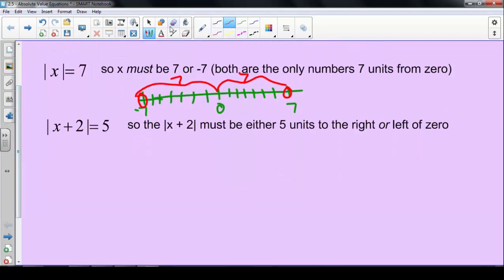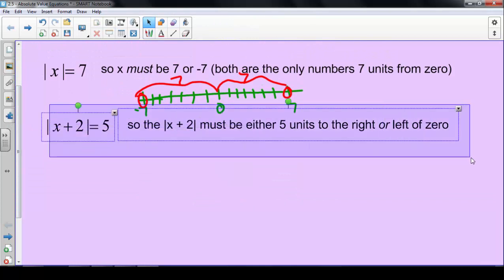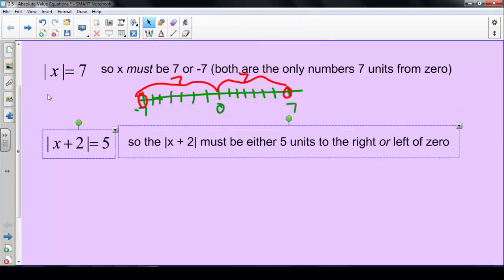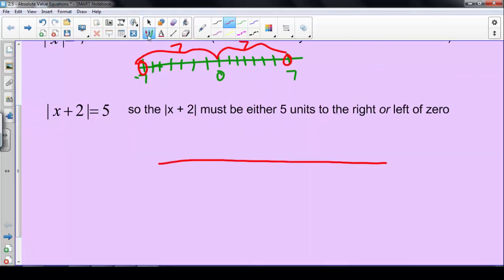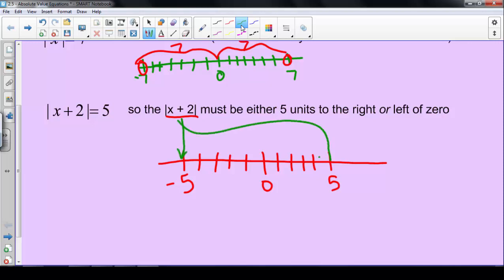So when we look at a quantity with an absolute value, it's that same thing. If we've got our number line, this x plus 2 is either going to be here at 5 units away or here at 5 units away.